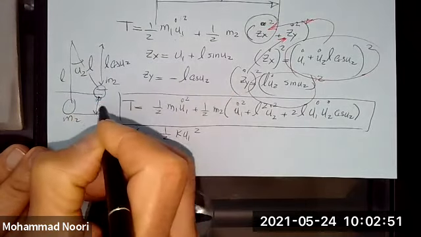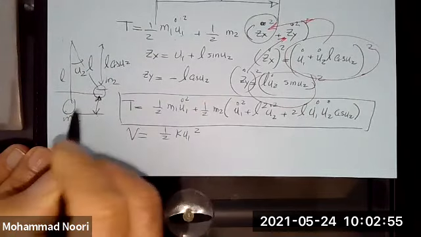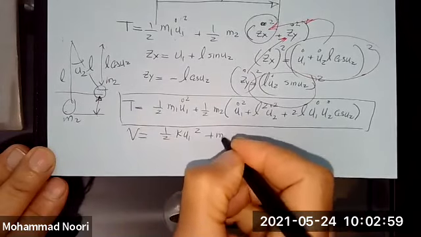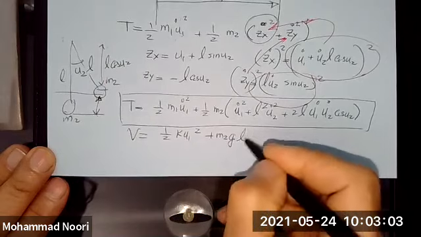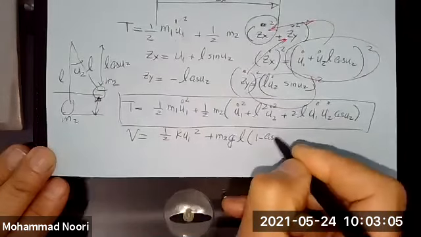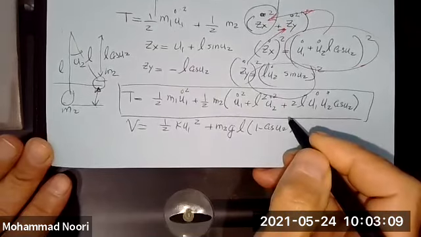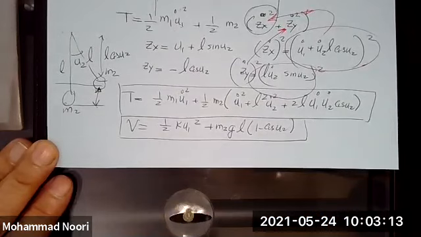So this that we are looking for would be L minus L cosine U2. So this would be then mg times L times 1 minus cosine of U2.